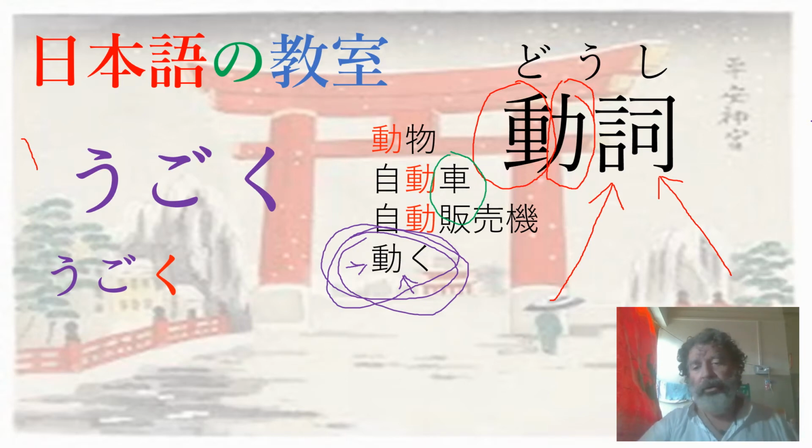This is a good word to know, 動く. It's not one that they teach in beginning Japanese very often, but why not learn it?